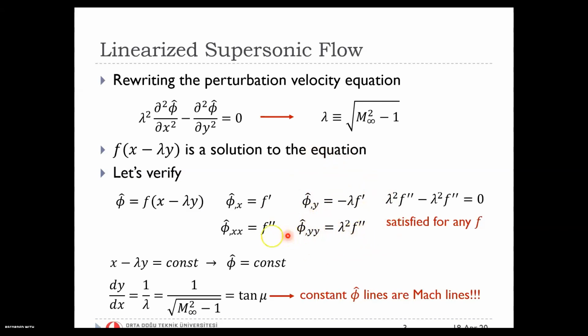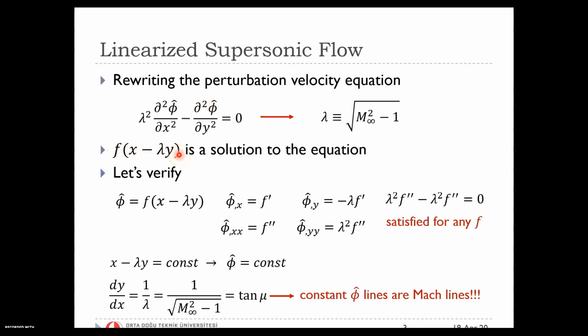As you can see, the second derivative of phi hat with respect to x is f double prime, and the second derivative of phi hat with respect to y is lambda squared times f double prime. If you put these back into the above partial differential equation, you see that this equation is satisfied, which means that this partial differential equation is satisfied for any function of x minus lambda y.